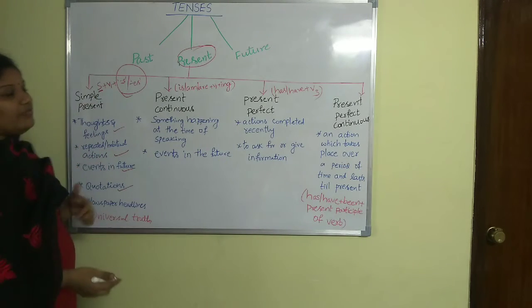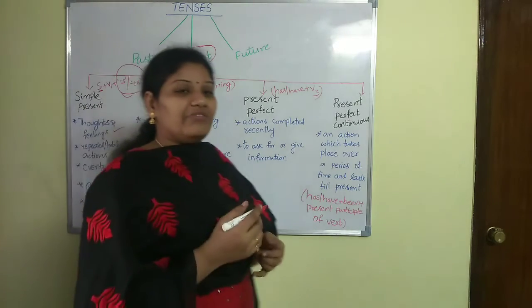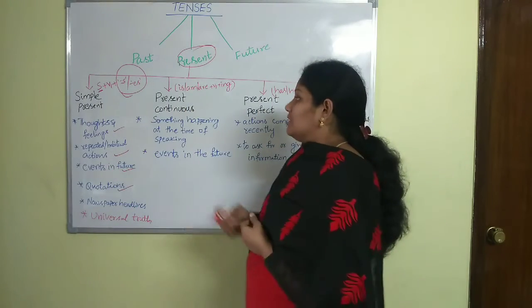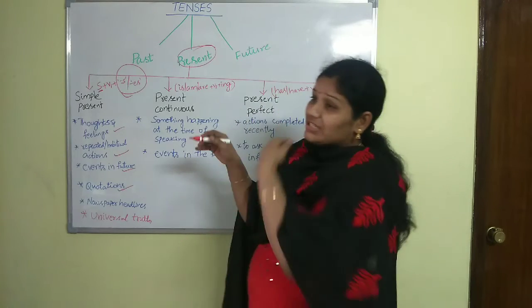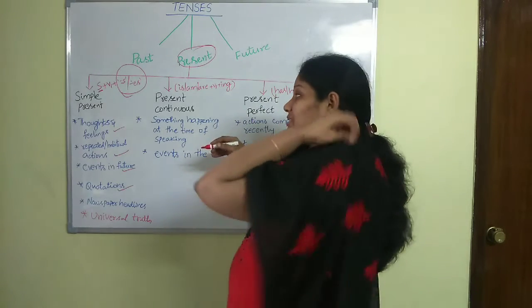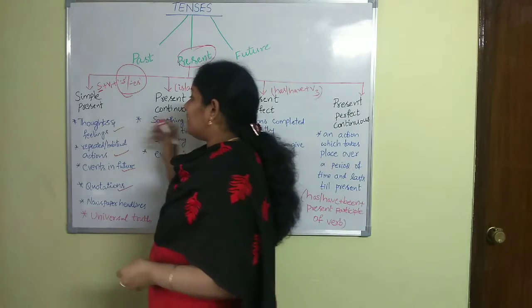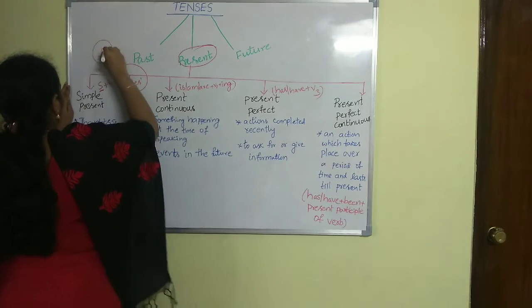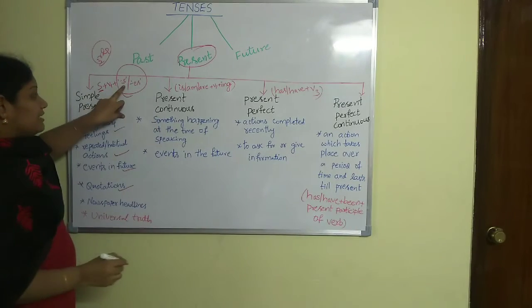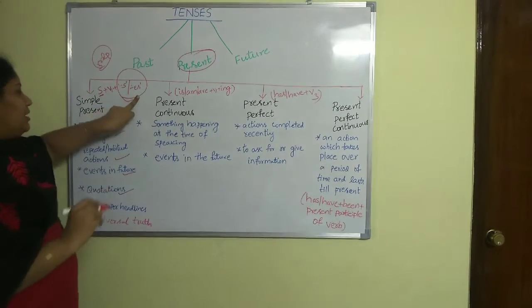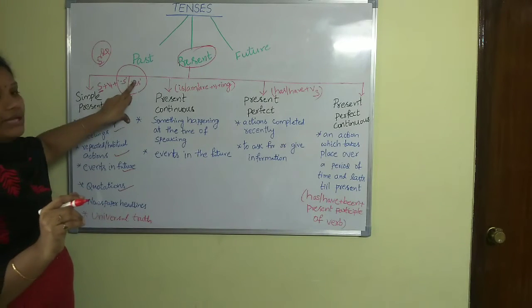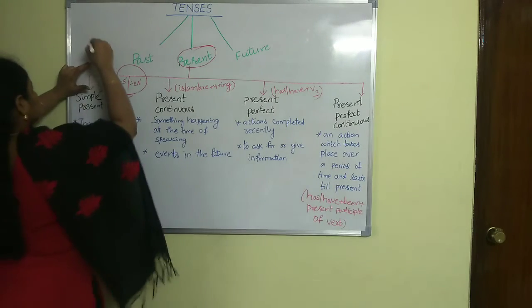The reason is, we have already discussed in our previous videos about the first person, second person and third person. So if the verb is in simple present and if it is a third person, then only we add s or es along with the verb. If it is the first or second person, we don't add s or es. What are third persons?